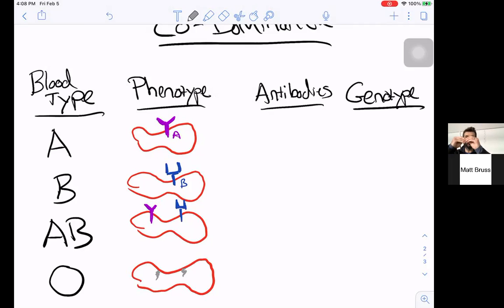We produce thousands of different versions of these antibodies, and they float around and bind specifically to things that are not supposed to be in our bodies. It's a fascinating area of study, immune biology. But one thing we don't want to have happen is antibodies that recognize our own cells.